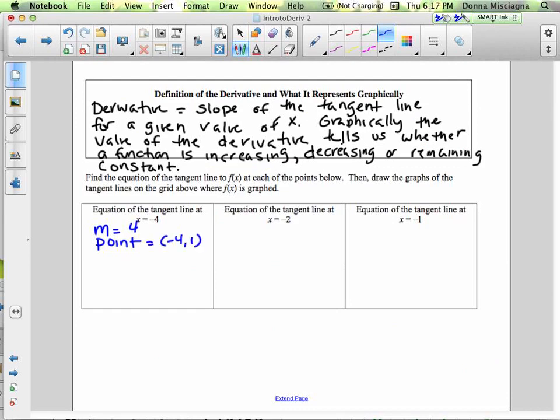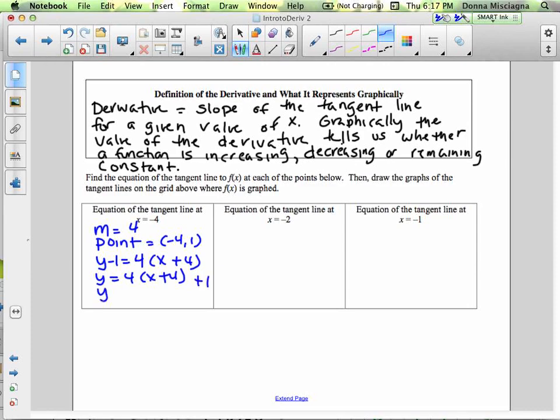So then the equation is going to be y minus 1 equals 4 times x minus -4, so that's x plus 4. We can solve for y, so we have y equals 4 times x plus 4 plus 1. And if we want to write that in slope-intercept form, we can just distribute the 4.